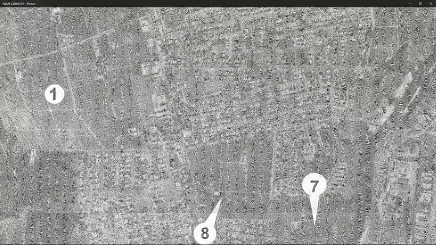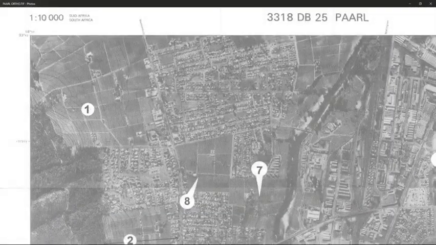But what makes an orthophoto so special, it's got information on it, it's got contour lines on it, it's got place names on it. So it's more information than your normal vertical aerial photograph.